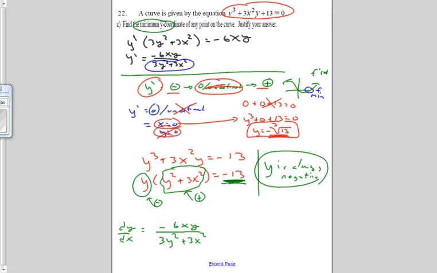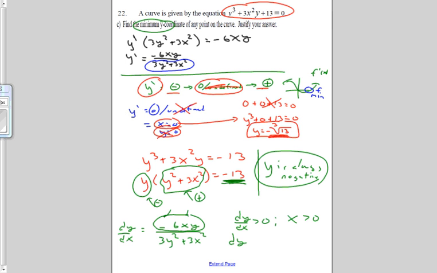So in order for dy dx to be greater than 0, given that our y value is always negative, x must be greater than 0, because that would make my numerator positive, since y is negative, which would factor out that negative, and as long as x is positive, this stays positive.